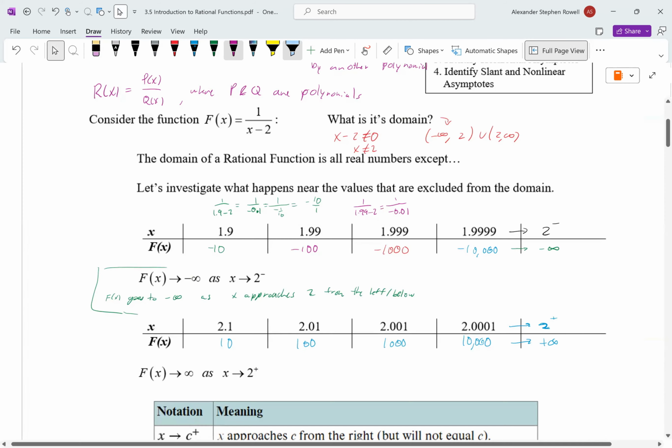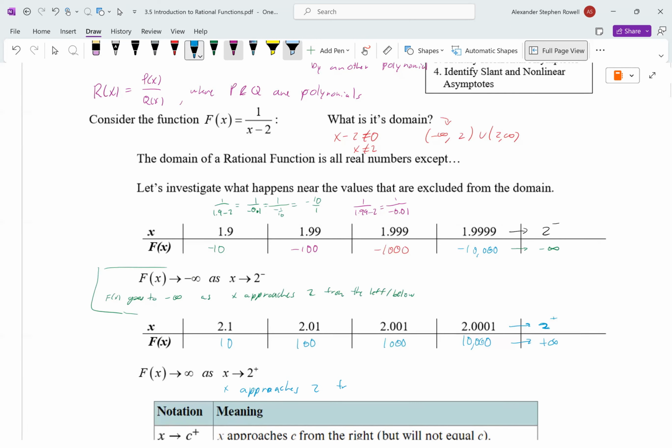Positive infinity. The y value approaches positive infinity as x approaches 2 from the right or above.